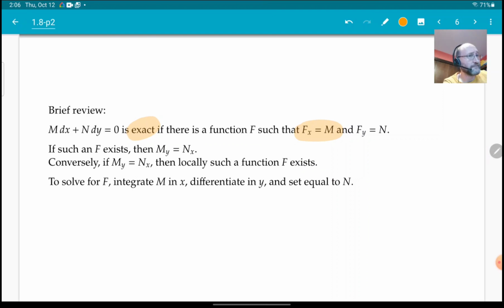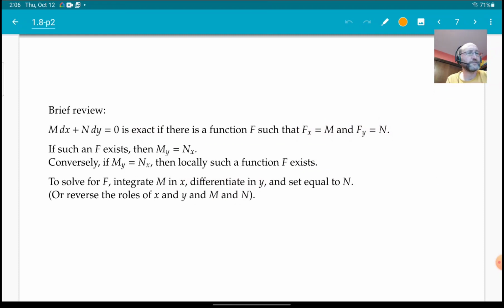There's this constant of integration, which actually might depend on y. So then you need to differentiate in y. You still have some unknown in the F. Differentiate in y and set it equal to N, and then figure out what that unknown is, and figure out from that what F is.